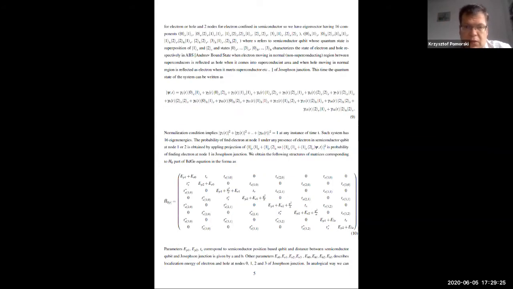All right. And then the structure of this matrix becomes bigger if at the same time I have such states as given here.